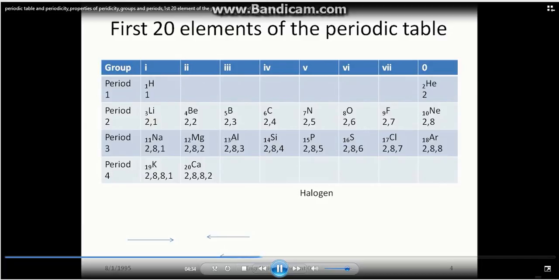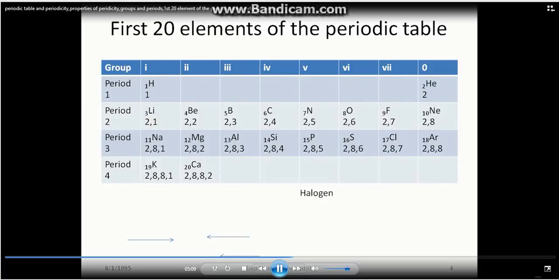So for group 1, we have hydrogen at period 1, and at group 0 we have helium at period 1. At group 1 again, period 2, we have lithium. Group 2, period 2 we have beryllium.